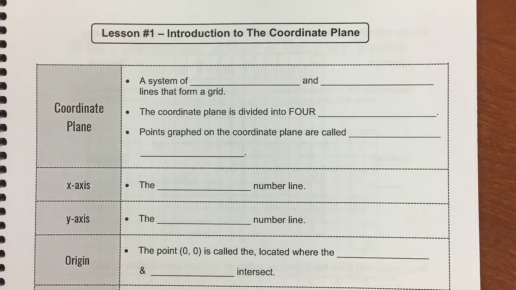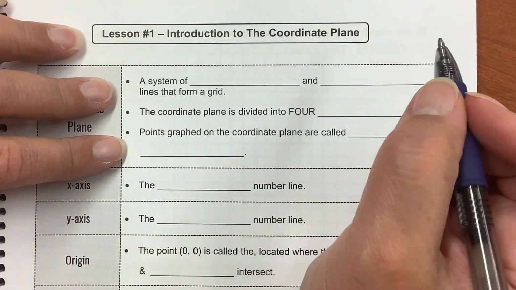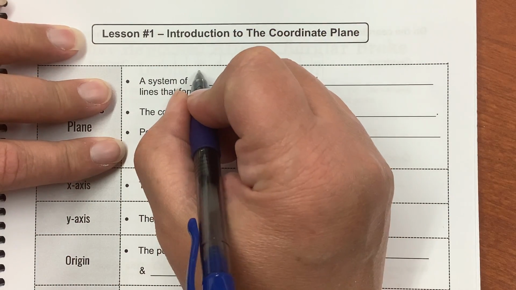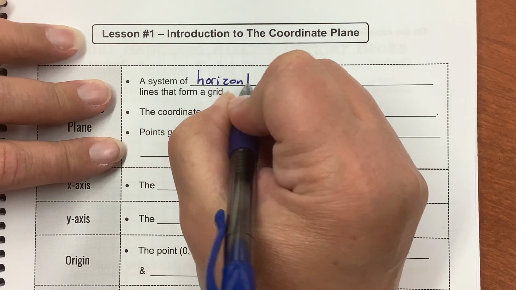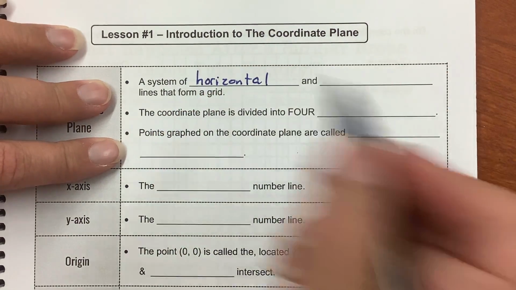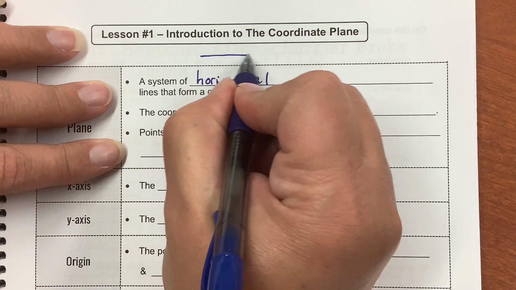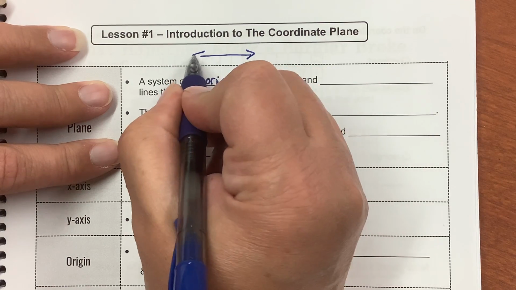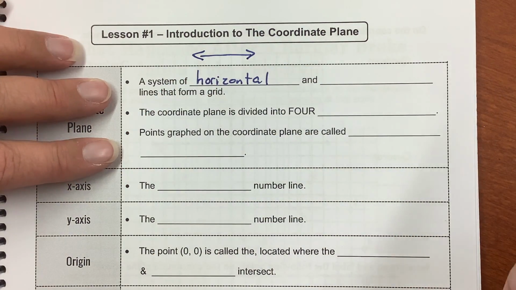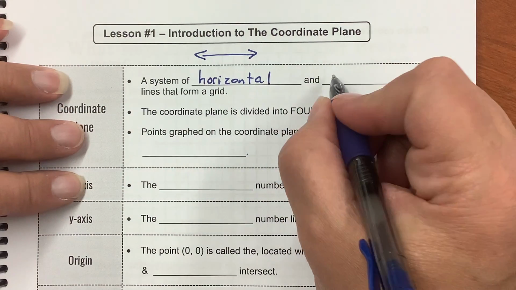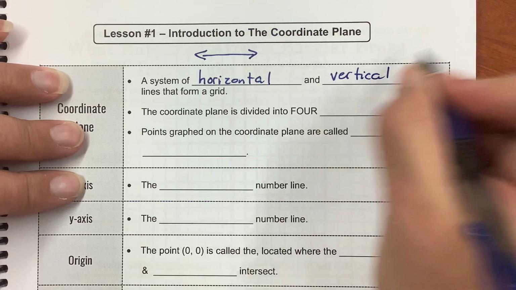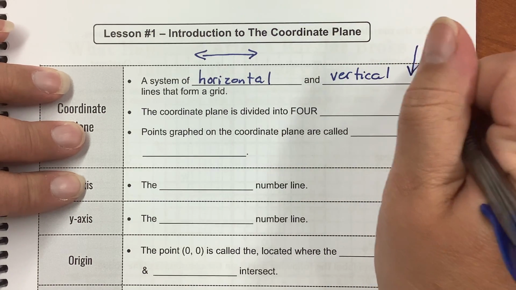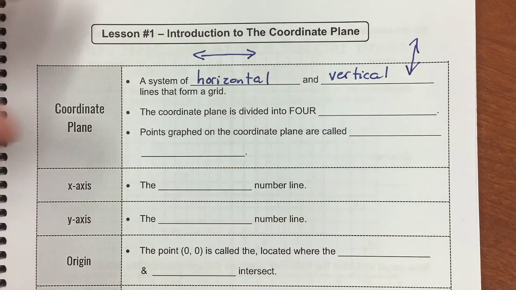Here we go. A system of horizontal and vertical lines that form a grid. Now remember, horizontal lines go across from left to right and right to left, like the horizon, and vertical go up and down like that.